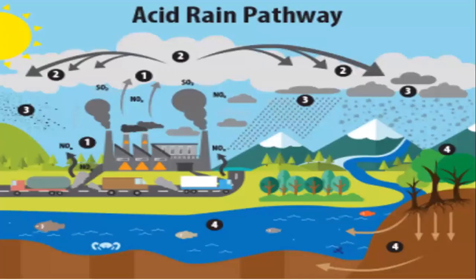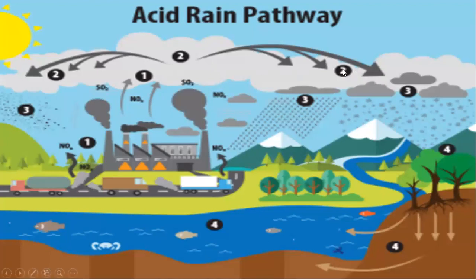Now there is an important pathway for acid rain in different forms. So we divide it into four types. The first one is emissions of SO2 and NOx. NOx in combination can be NO2, N2O, N2O3 or NO3, these sort of things. So we normally call them NOx, released into the air.